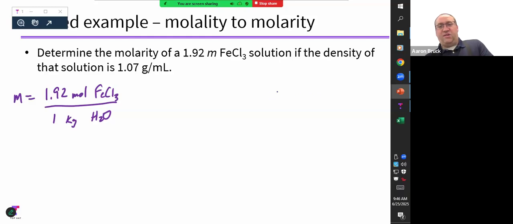And what we need to turn this into is moles of iron 3 chloride in liters of solution.